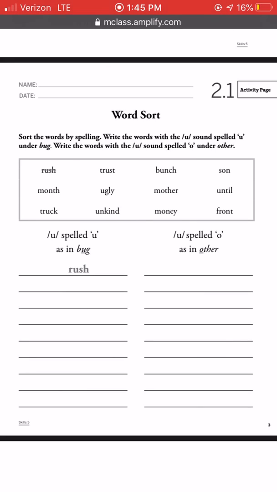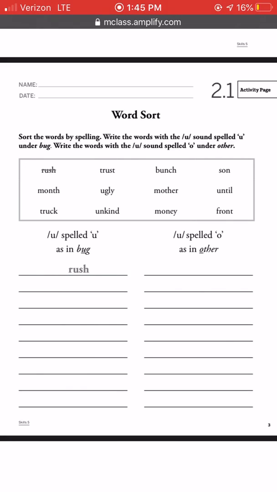So let's go ahead and read through the words in the box first. We have rush, month, truck, trust, ugly, unkind, bunch, mother, money, sun, until, and front.